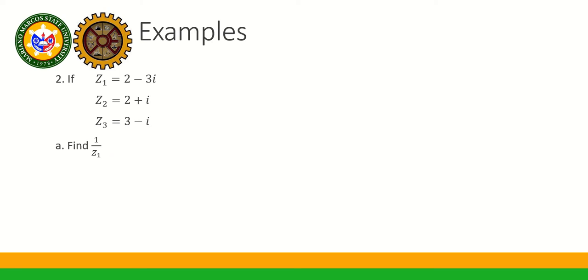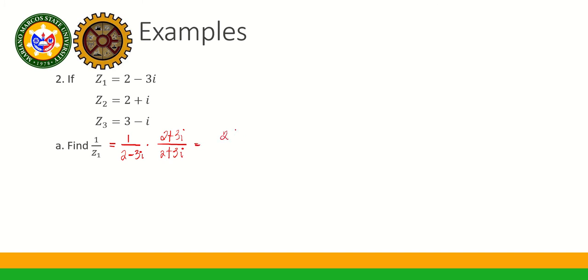So 1 over z sub 1 is 1 over 2 minus 3i. Okay, so this is division of complex numbers. We need to multiply by the complex conjugate of the denominator, that is 2 plus 3i over 2 plus 3i, and we can simplify.